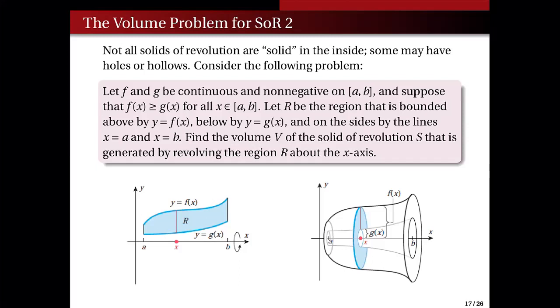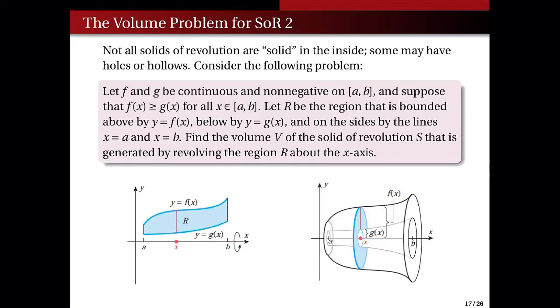Okay? So you have this region. Your axis of revolution is here. It does not contain any part of the region. So when you revolve this, you will get a hole in here.